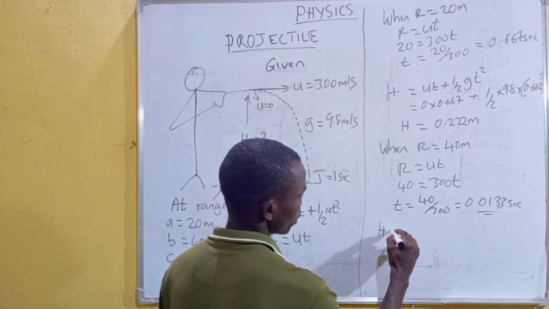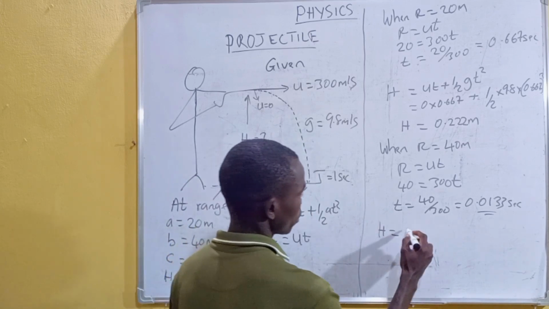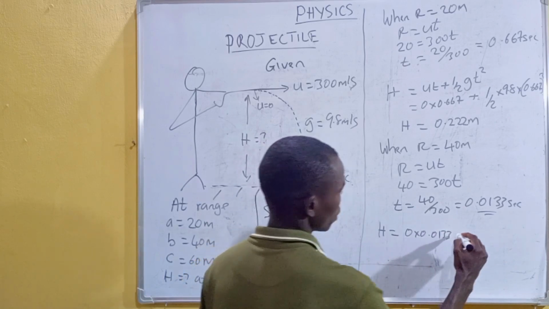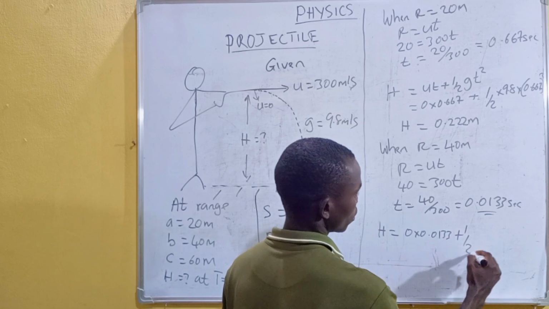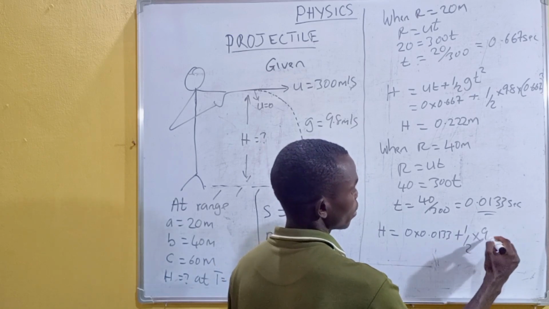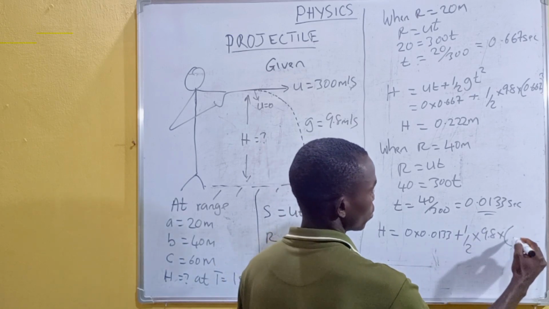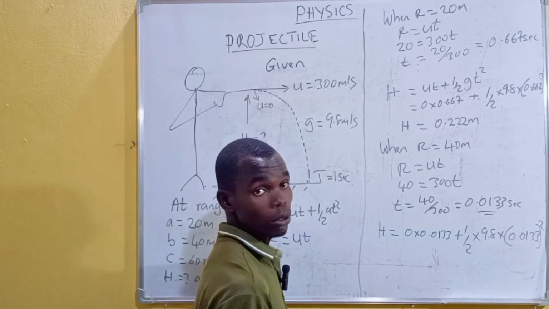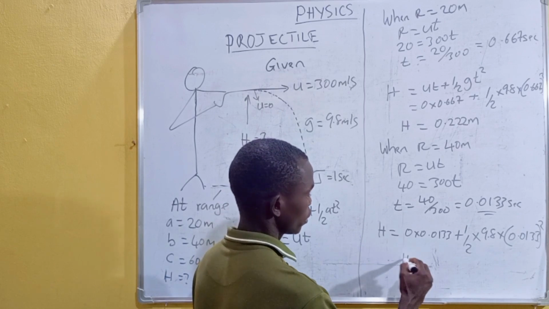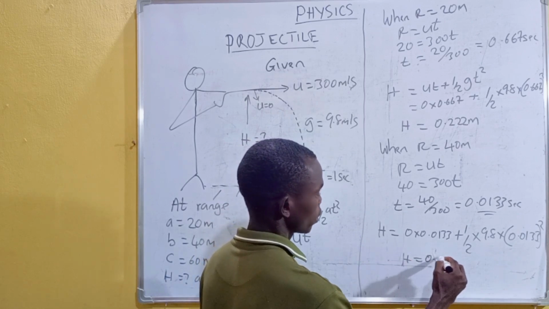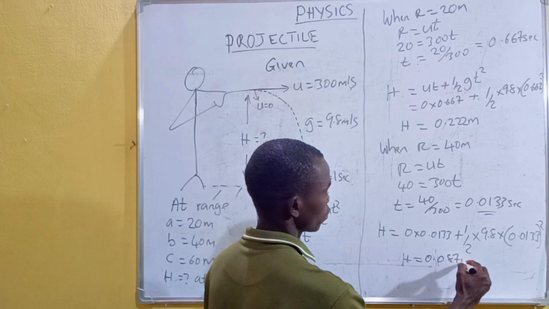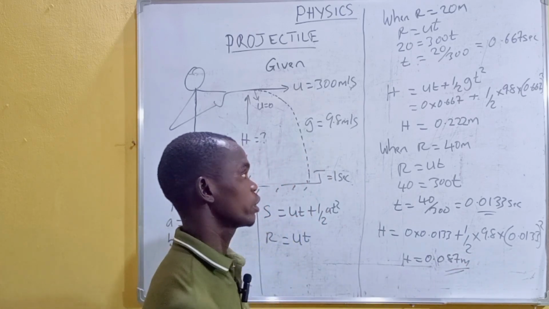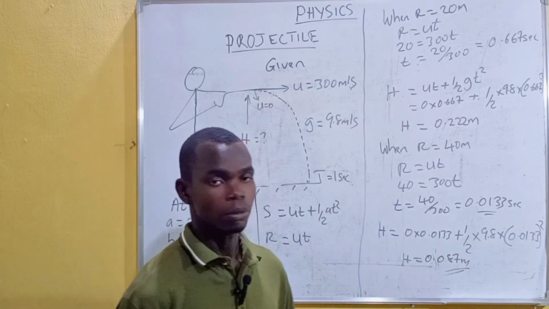Now h is equal to initial velocity, which is 0, times the time, 0.133, plus 1 over 2 times 9.8 times 0.133 squared. If you press your calculator, now h is equal to 0.087 meter. This is the height when range is 40 meters.